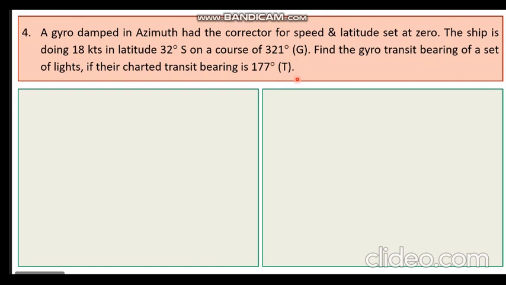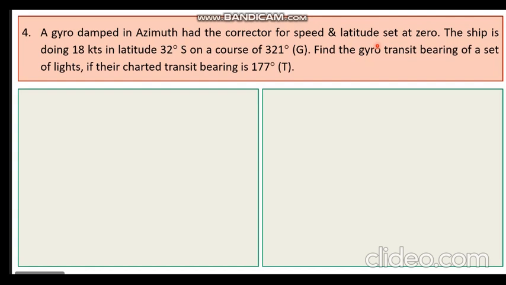Now at the first instance, this question looks a little difficult to understand. They are talking of a speed and latitude corrector. We don't have any such corrector in the modern generation gyros which we use nowadays on board. Now in this question they are talking about old generation gyros in the pre-GPS era when there was no GPS available on board.